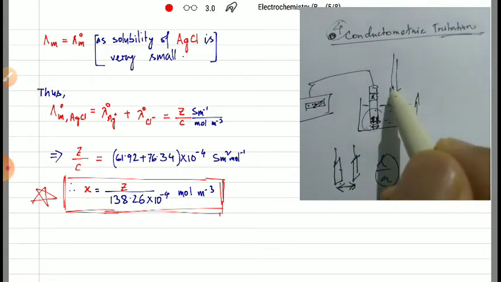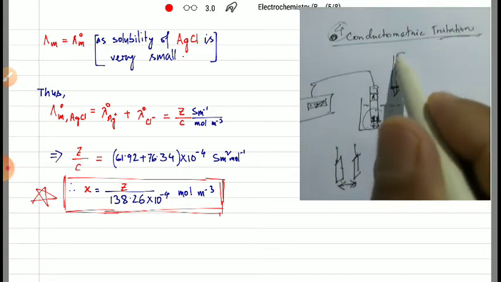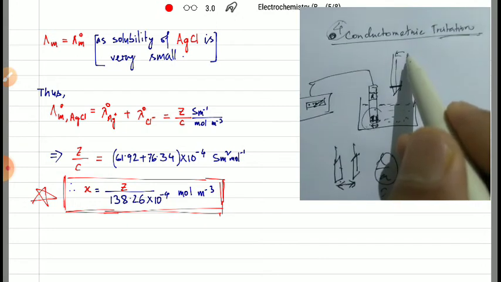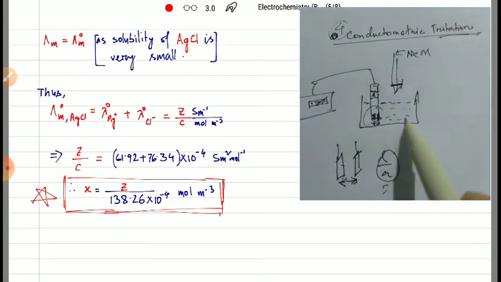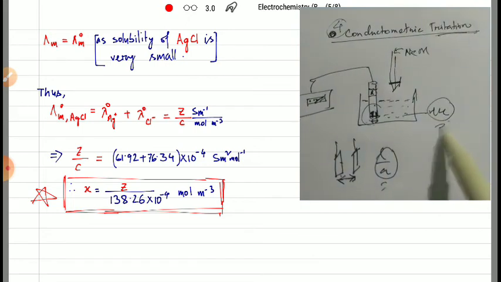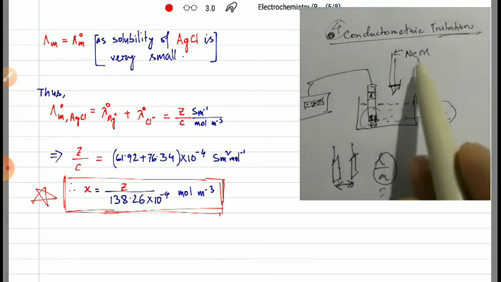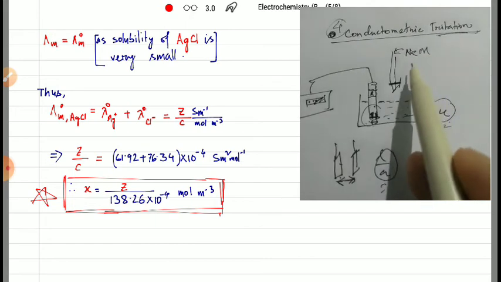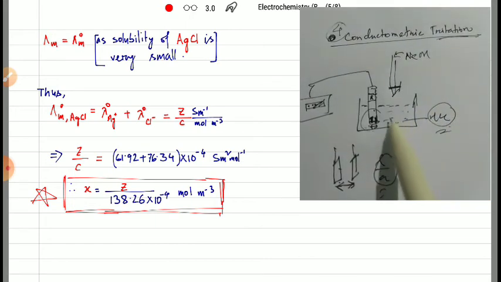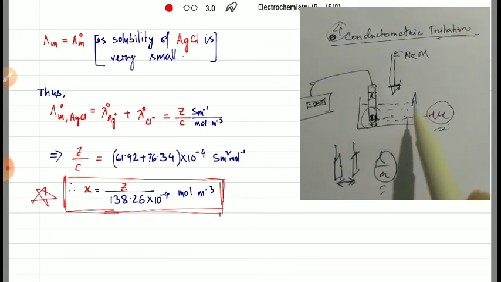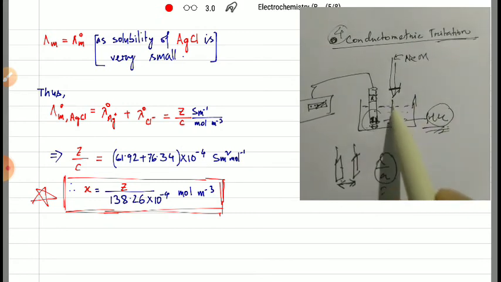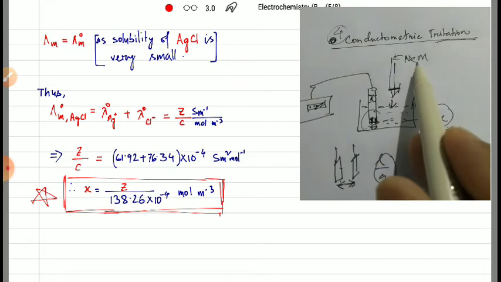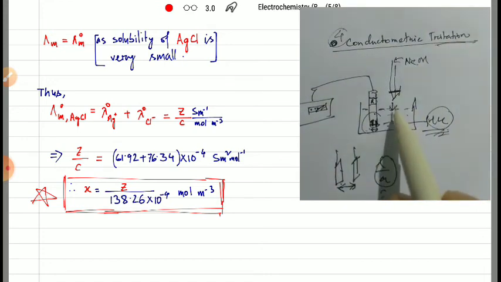Let's suppose here is a burette. We're going to add here, let's suppose, sodium hydroxide, some base, and here let's suppose HCl. So we're going to add the base from that burette, and here we take some volume of HCl and add sodium hydroxide from the burette.